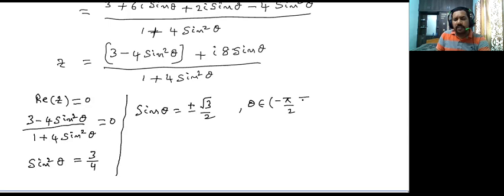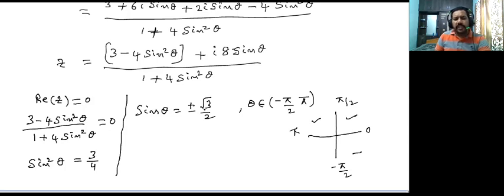That means, observe that minus pi by 2 to pi means this is minus pi by 2, this is 0. Here sign is negative, here is positive, here is positive. So here plus or minus root 3 by 2 is there.